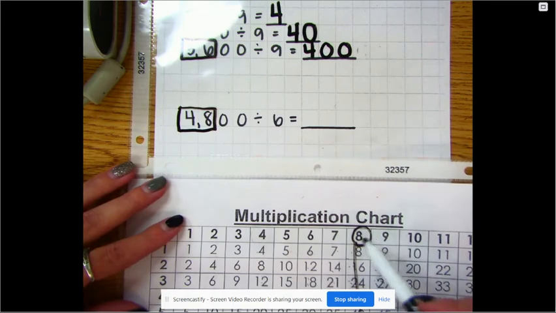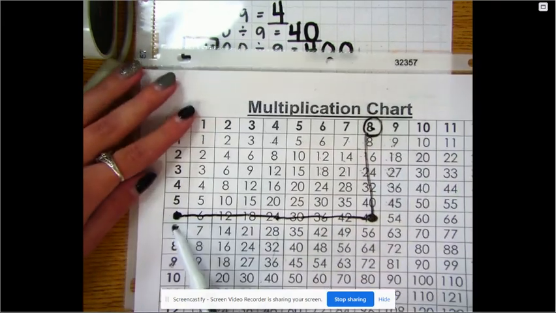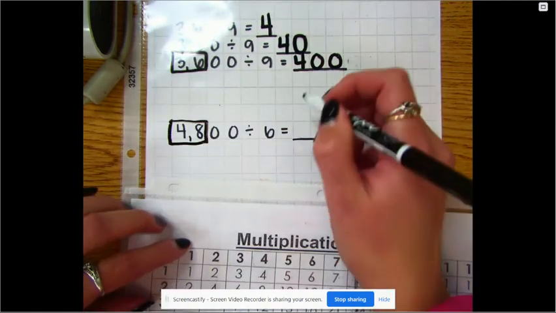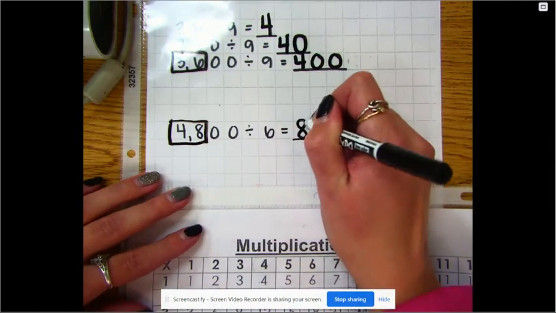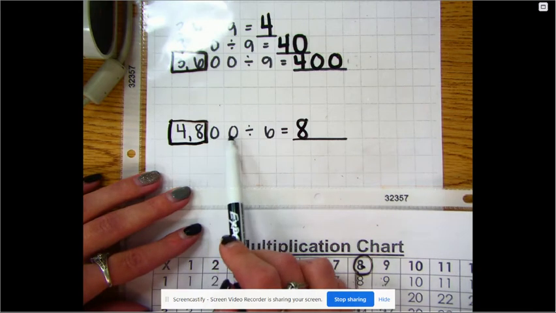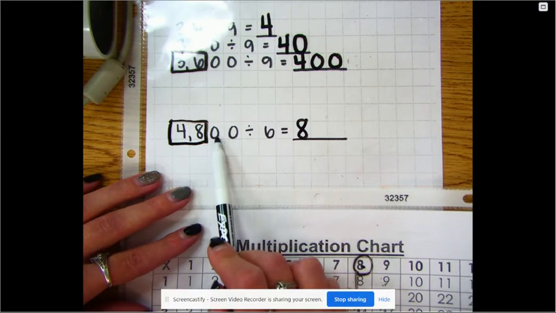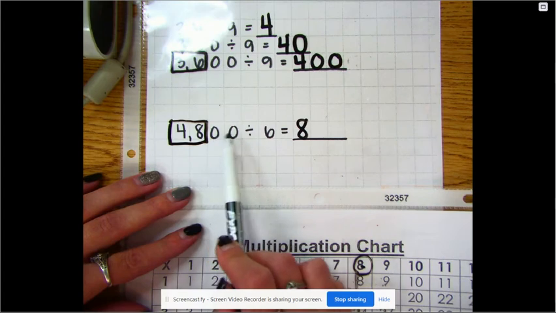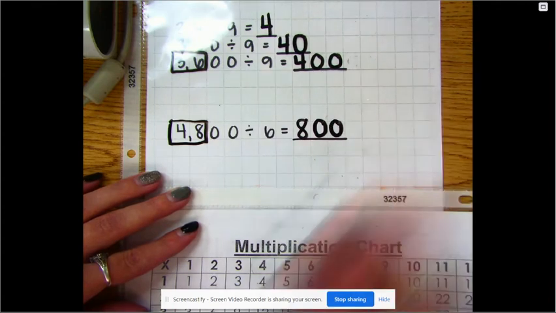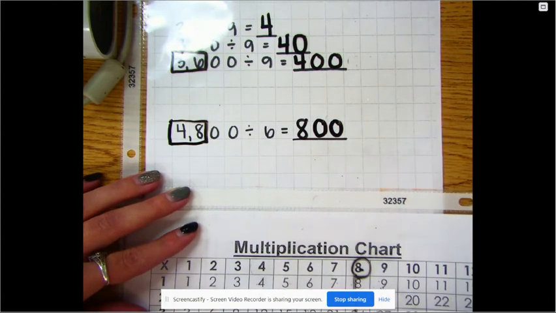So I know that 8 times 6 equals 48. So I'm going to put my 8 here. And then I need to ask myself, how many zeros are there going to be added to my quotient? There are 2 zeros in the dividend, so I'm going to have 2 zeros added to my quotient.